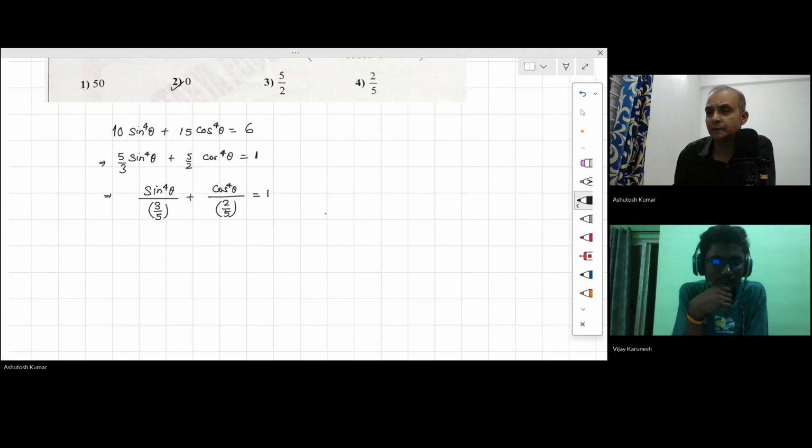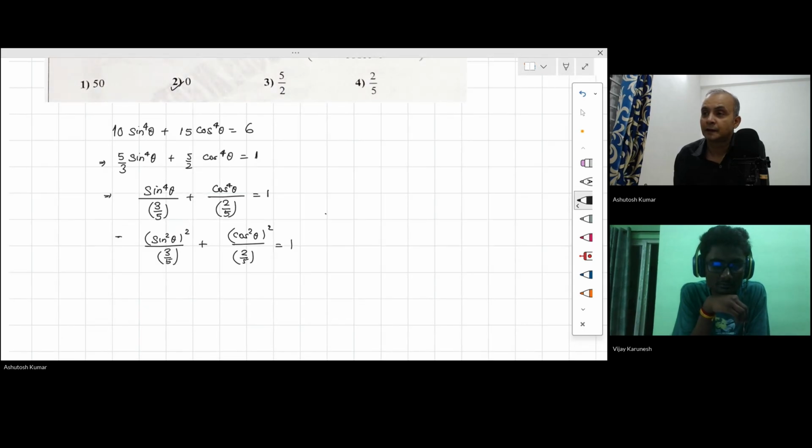It means I must have here sine square theta the whole square by 3 by 5, and here cos square theta the whole square by 2 by 5 is equal to 1.